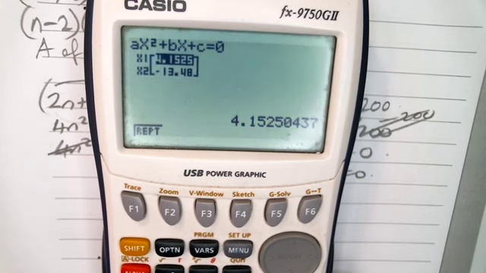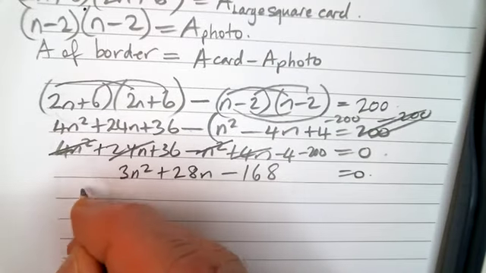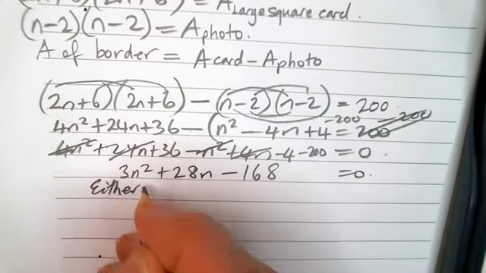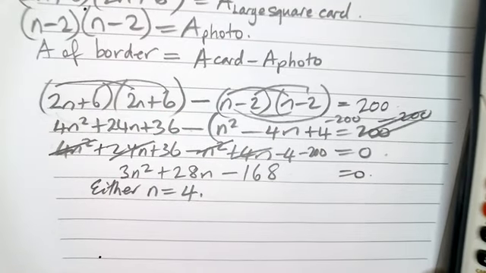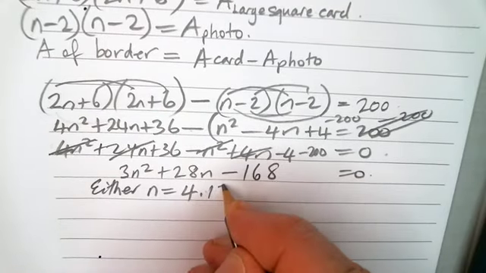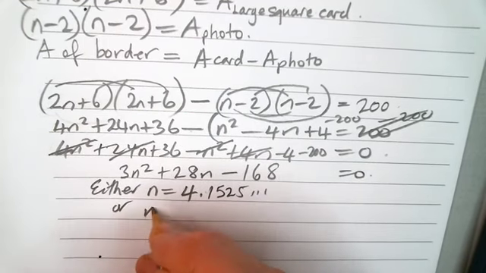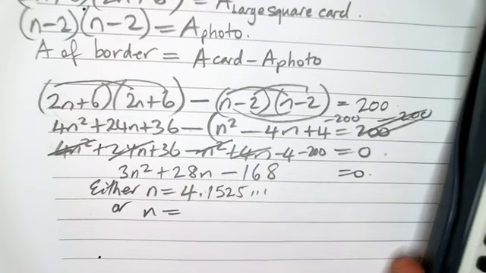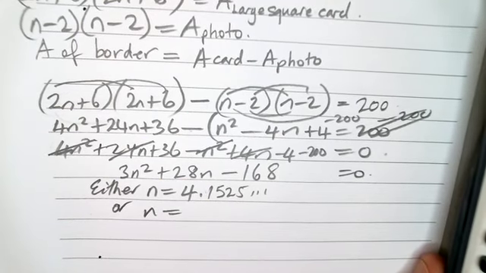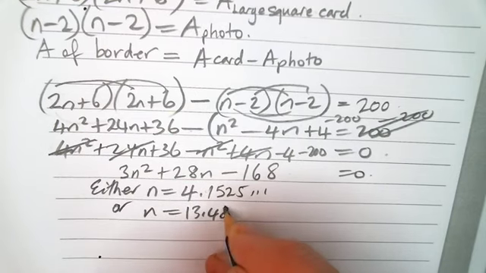So n equals 4.1525 dot dot dot, or n is equal to the other one, negative 13.4858.